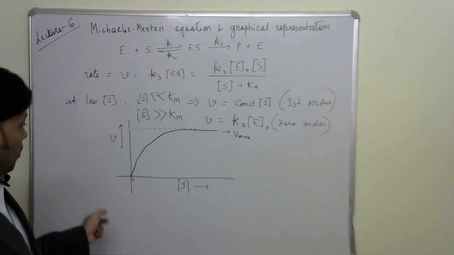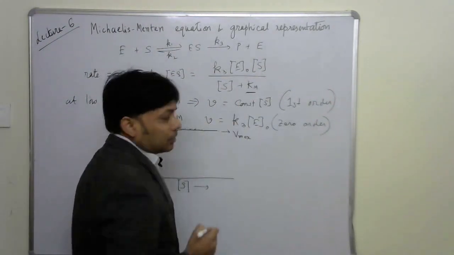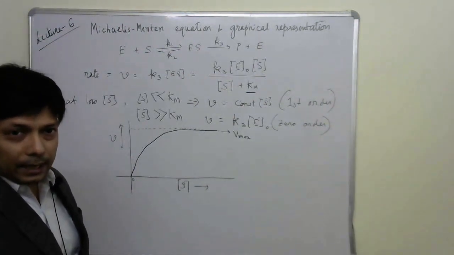Now from this plot, we will try to get a physical interpretation of the Michaelis constant Km.